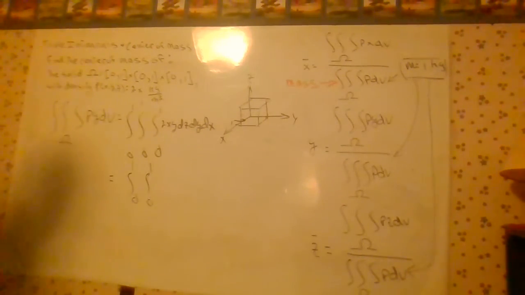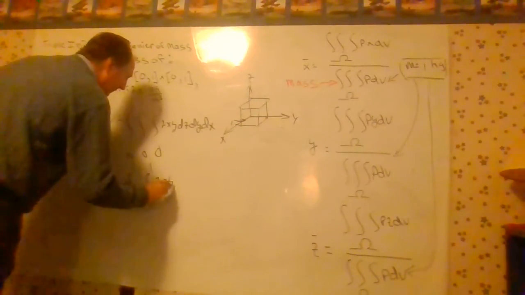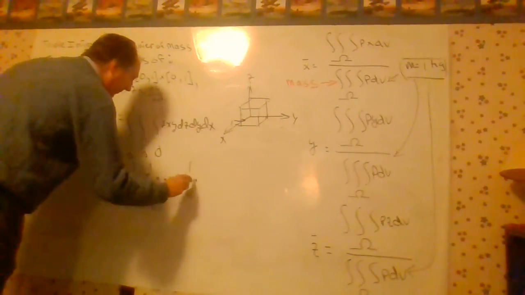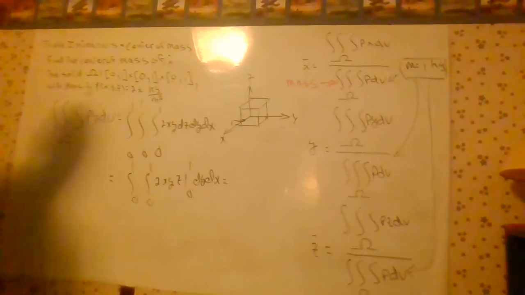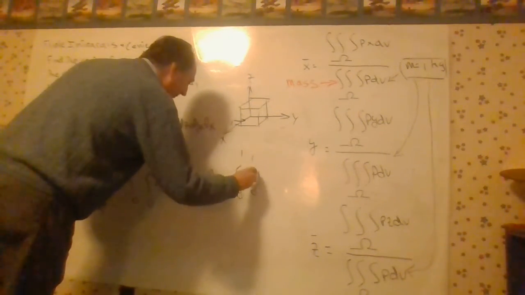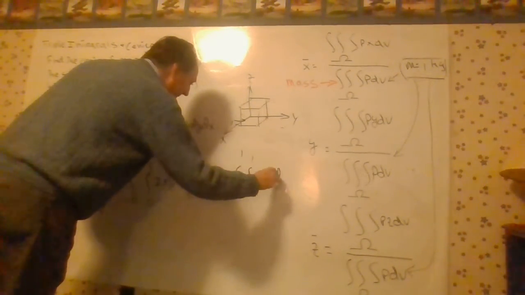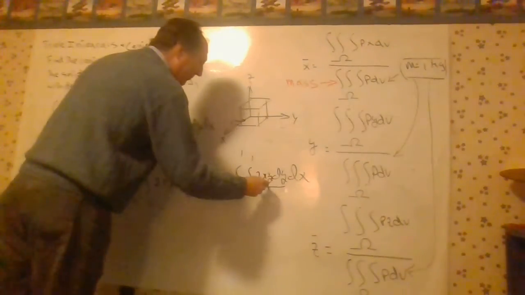Now we get the integral 0 to 1, 0 to 1, 2xy z from 0 to 1 dy dx. Integral 0 to 1, integral 0 to 1, 2xy dy dx. Now we have to integrate the y integral.